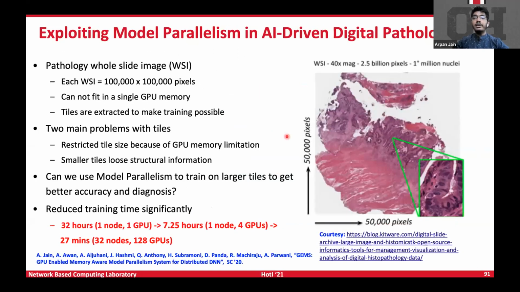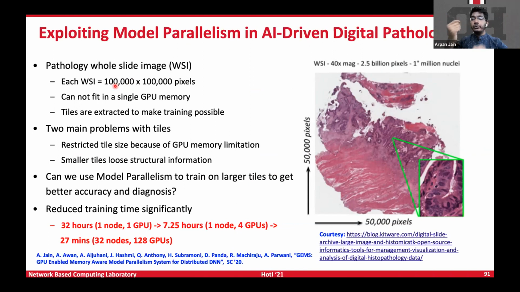So here we solved a real world problem using GEMS. So in OSU, we have a digital pathology department, and they had a problem: they had pathology images which were 100,000 by 100,000 pixels. So obviously they cannot fit the entire image into one GPU memory. They cannot even train it with 1,000 pixels.